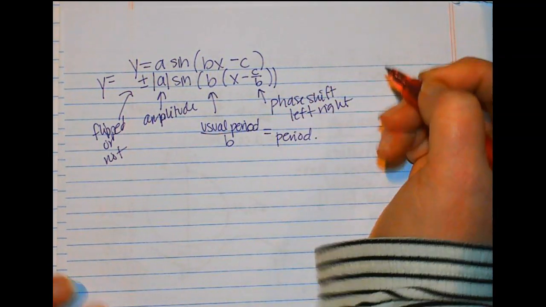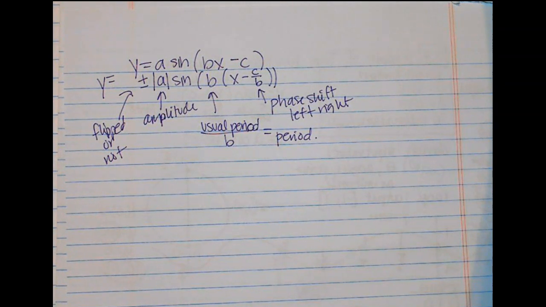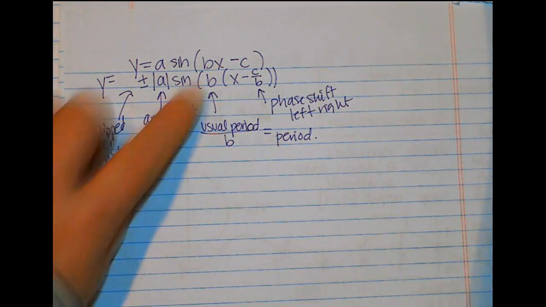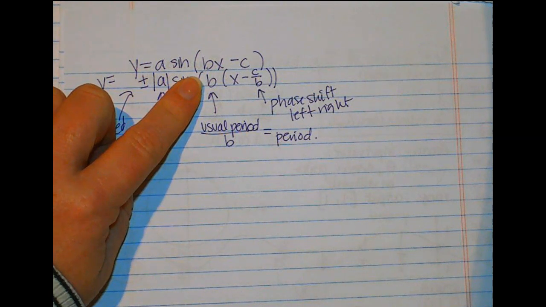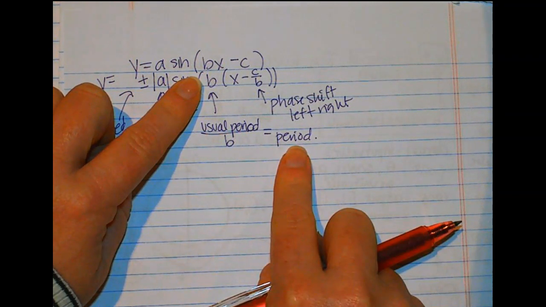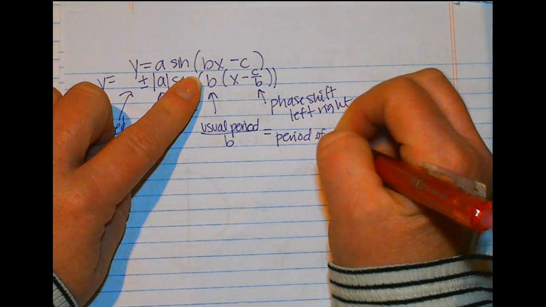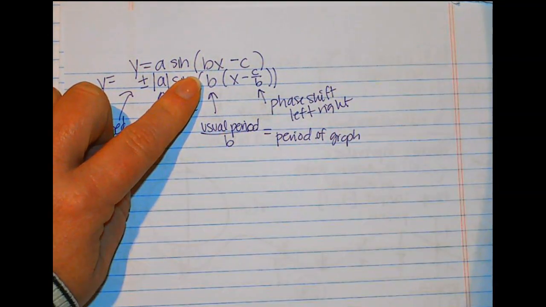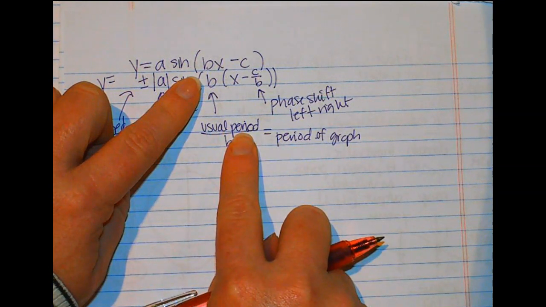In other words, sine and cosine have a usual period of 2 pi. But opposite math says whatever this number is, we divide by it to get the period for this graph. Period of graph. But not all things have a period of 2 pi, so my little extra stuff here is just because of that.